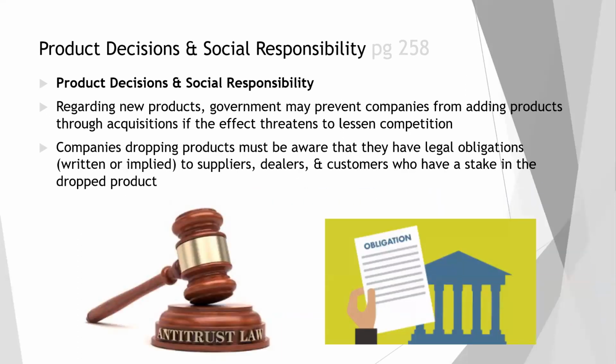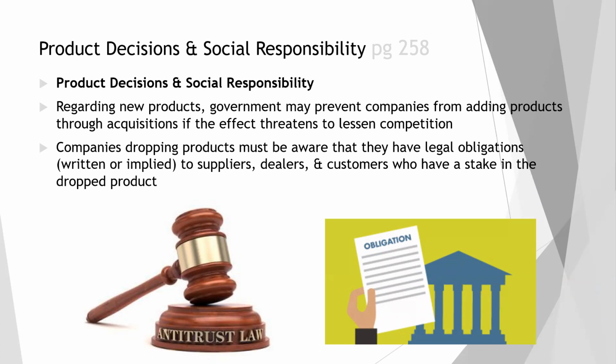So regarding new products, we talked about how important it is that a company needs to come up with new products. So with new products, government may prevent companies from adding products through acquisitions if the effect will threaten to lessen competition. These are examples of antitrust kind of things.